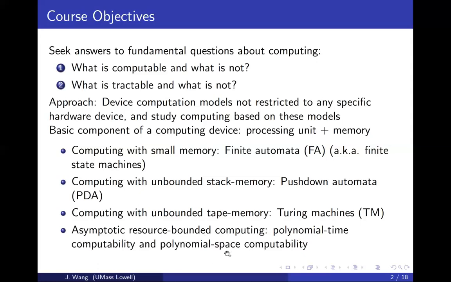And for space efficiency, we will have polynomial space computable problems. Okay, and then we also want to know what problems cannot be computed efficiently in time or in space. Okay, so that is what we're going to learn in this course.